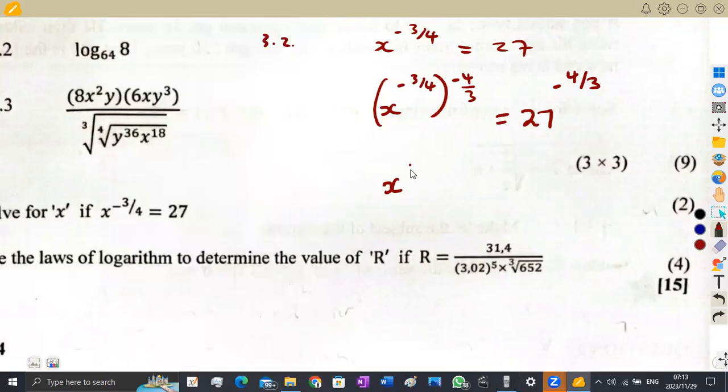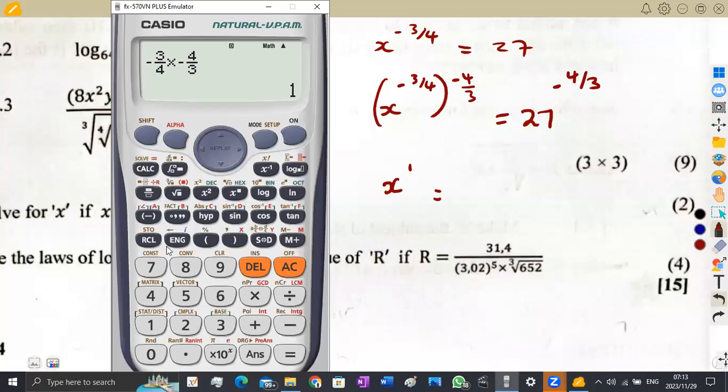Having 1 means that we are simply having x. So x is going to be 27 to the exponent of what? Negative 4 over 3. So 27 to the exponent of negative 4 over 3.